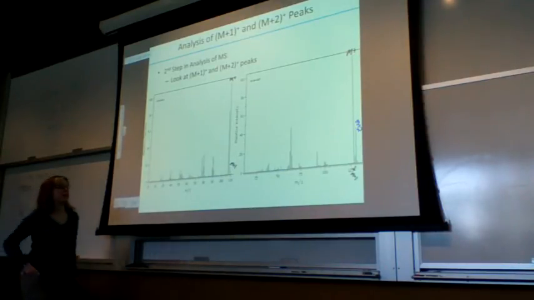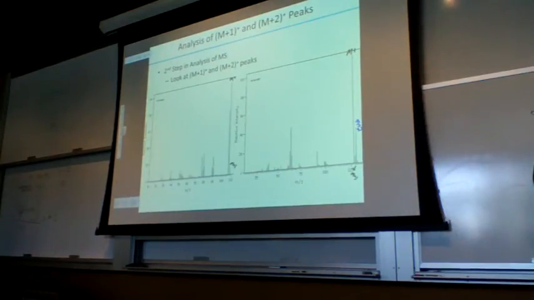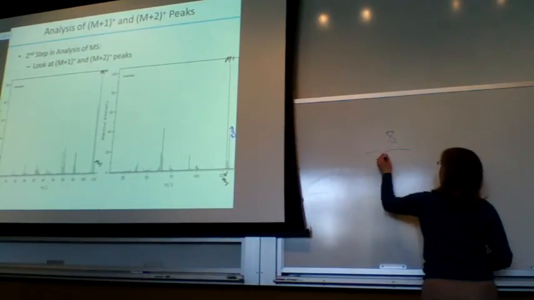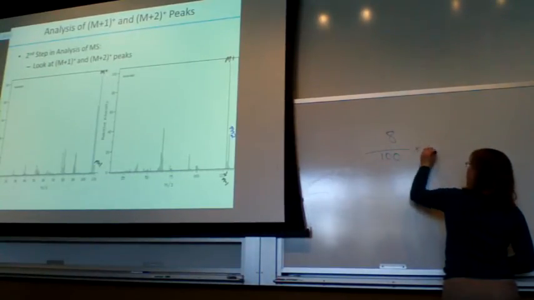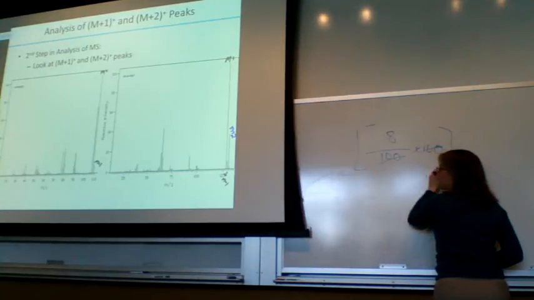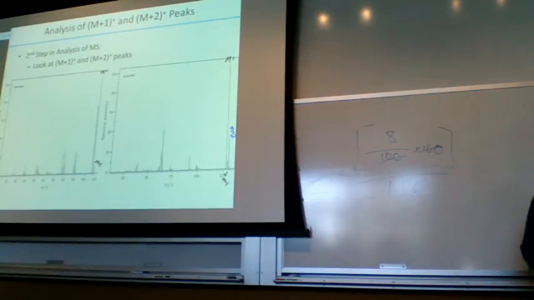So if we do the actual calculation, we have 8 divided by 100 times 100. That one's easy. And we divide by 1.1, should give us 7 something. 7.27, I think. Okay. So we have approximately 7 carbons.